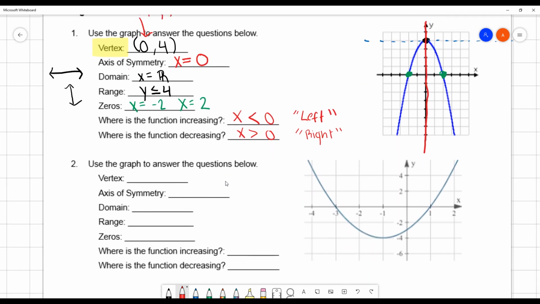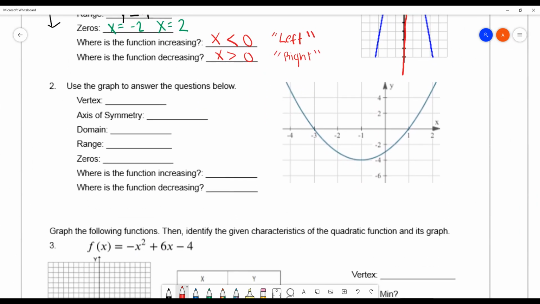Okay, now that you've had a chance to try, I'm just going to briefly go over this one. Again, I won't spend too much time since we did a lot on the other one. Your vertex is going to be right here. That's at the point -1, -4. Your axis of symmetry, this line right here, is going to be x equals -1.